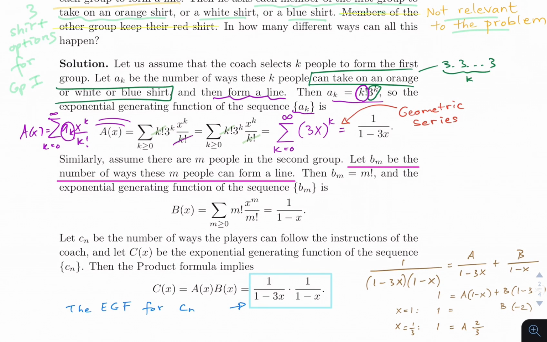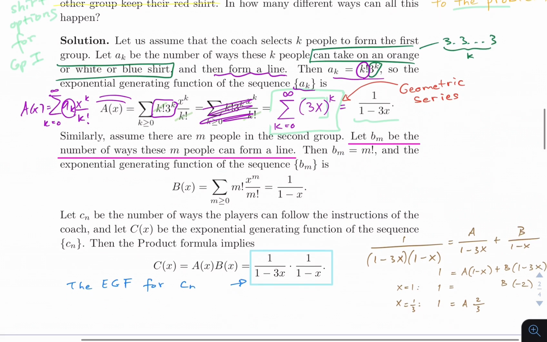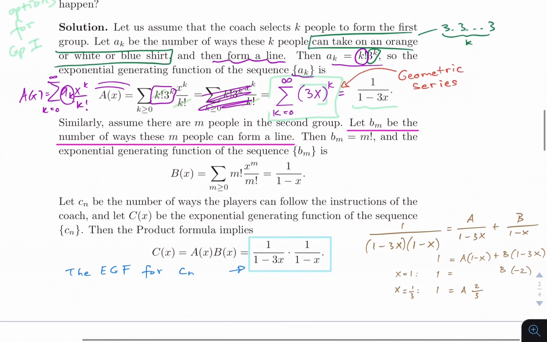I've accidentally written these twice, so let me erase that. After I cancel K factorial, I get exactly this power series. And using the geometric series, I get 1 over 1 minus this ratio, which is 3x. Okay, so we've computed the exponential generating function for the first group.